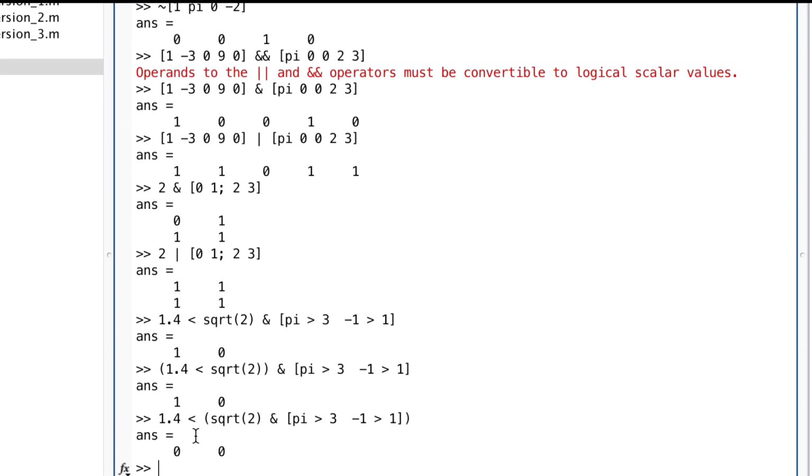And this is what we get. The expression inside the parentheses that we added to the right produces the vector 0, 1 yet again, and the less than, which as we learned earlier is an array operator, is applied to each one of those elements. Since 1.4 is not less than 0 or 1, the result is a couple of falses. In other words, a couple of zeros.